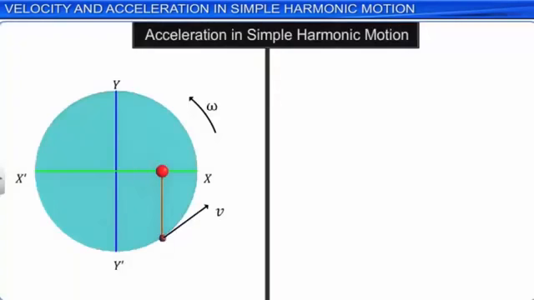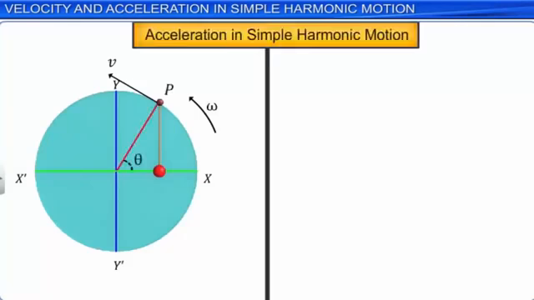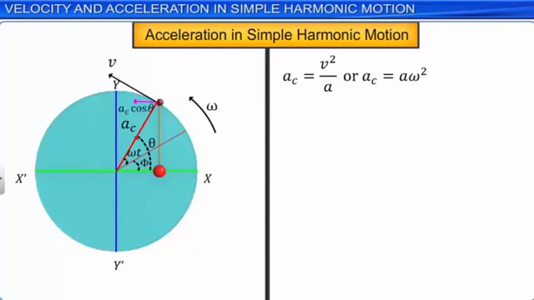Now, let us discuss acceleration in simple harmonic motion. Acceleration of the revolving particle will be the centripetal acceleration AC, denoted by v square by a or a omega square. This centripetal acceleration has two components: AC cos theta along the x-axis and AC sin theta along the y-axis.